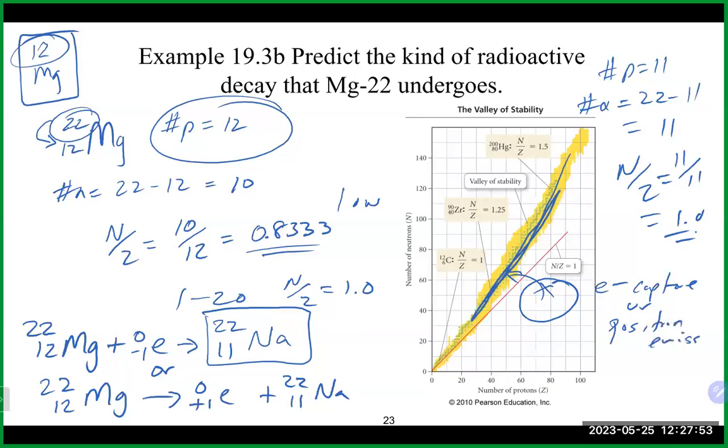And if you calculate the ratio and you're too high, like you're up here and you need to bring it back down, really the only thing that will happen in that case is a beta decay. So it's really based on the acceptable ratio for that particular nuclide and where you fall. If it's too low, you have the option of those two things to bring it back up. Or if it's too high, you have the beta decay, which will bring it back down.